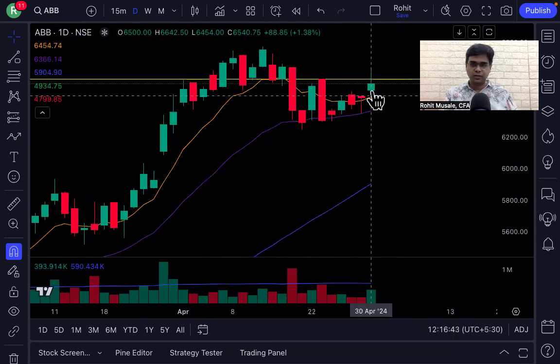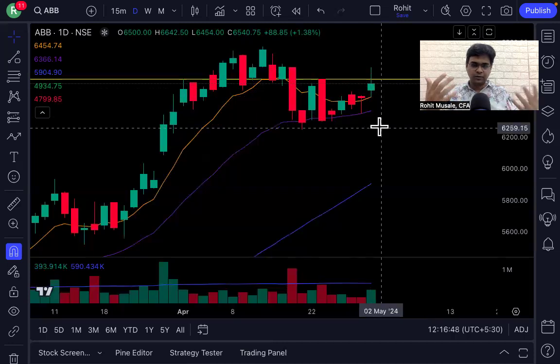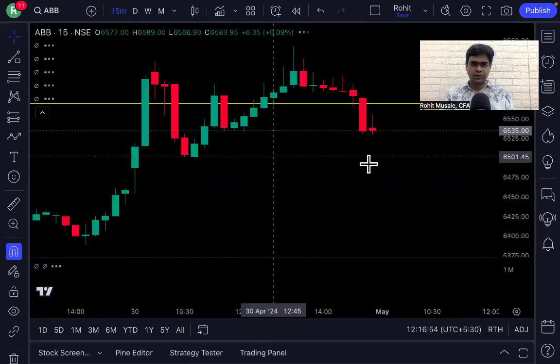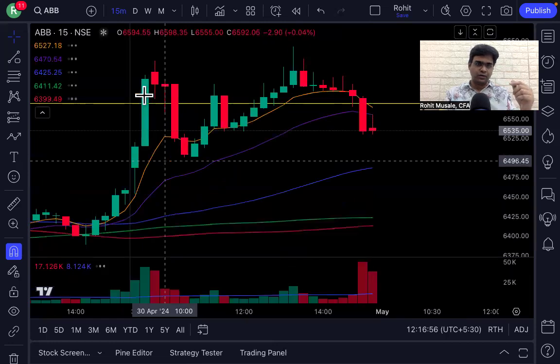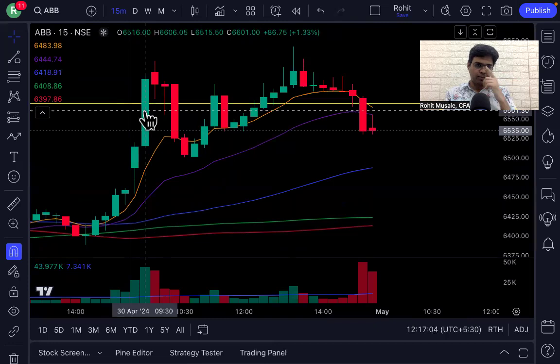Now, on this day, I was trying to execute the trade on the 15-minute chart. So let us go to the 15-minute chart. I'm waiting for a close above the yellow line. So as you can see, the latest candle closed above the yellow line. But the problem here is majority of the body of the candle is below the yellow line.